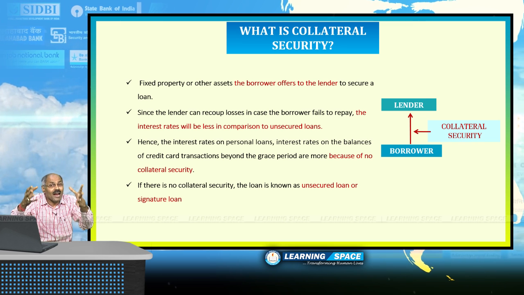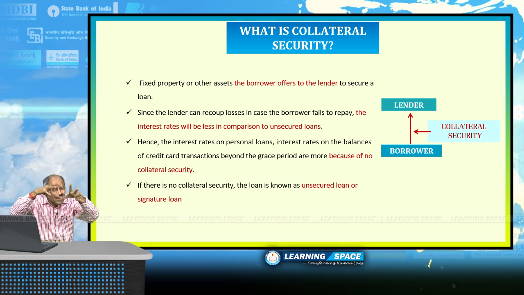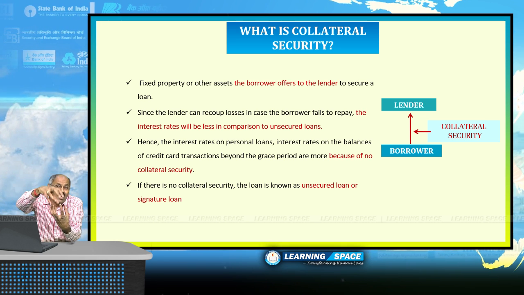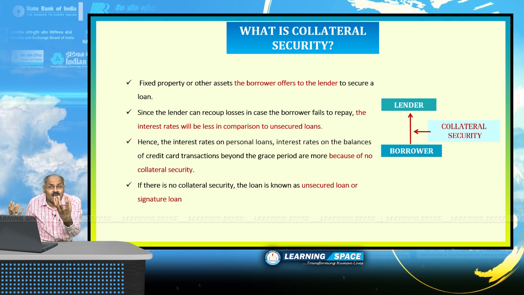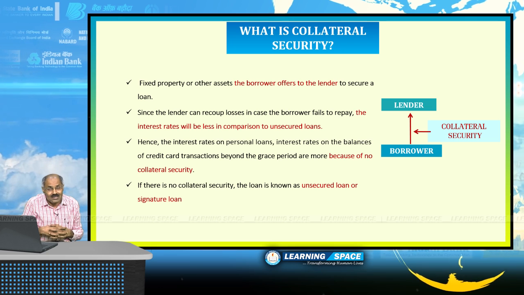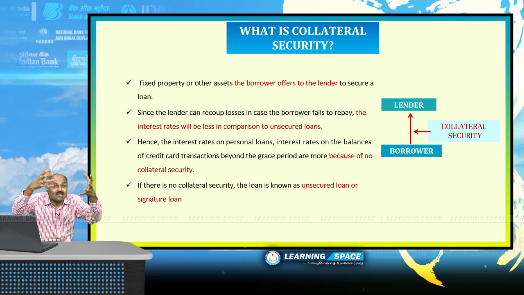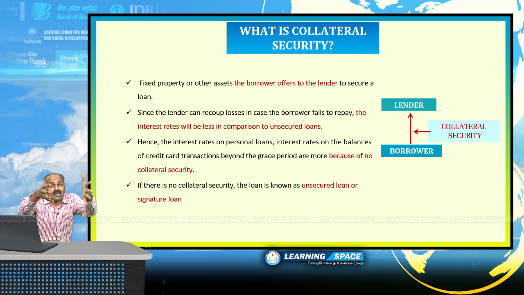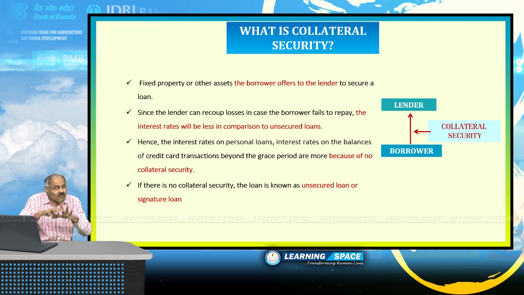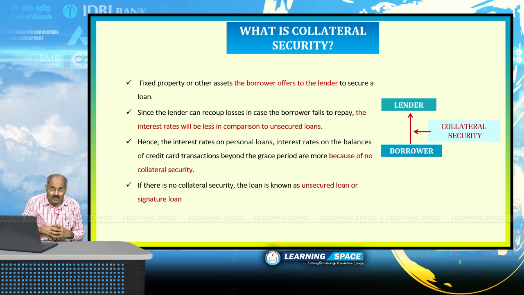So here, collateral security is the fixed property or other asset which is offered by the borrower to the lender, that is the collateral security, right? Without collateral security, if you are getting a loan, that is an unsecured loan, right?